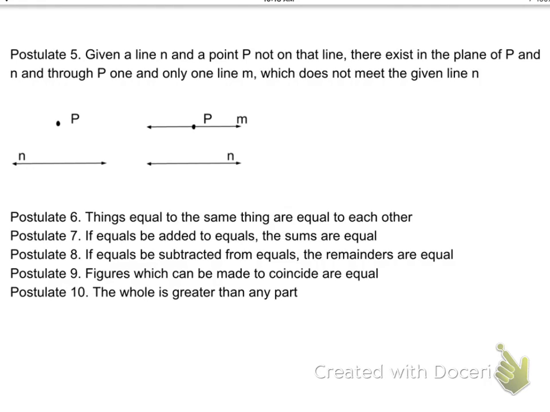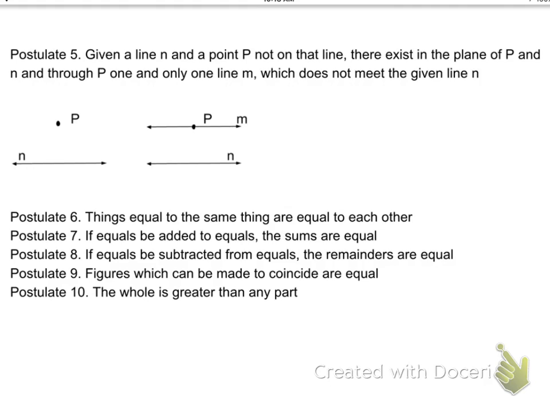Got it? No. Okay, what does it mean? A point P and a line N, where point P is not on the line. As you can see on the left here, you have that situation. It says that in the same plane, remember your board or your paper is a plane, so it doesn't matter if it's straight up and down, laying on the desk, or on a different wall, those are different planes.